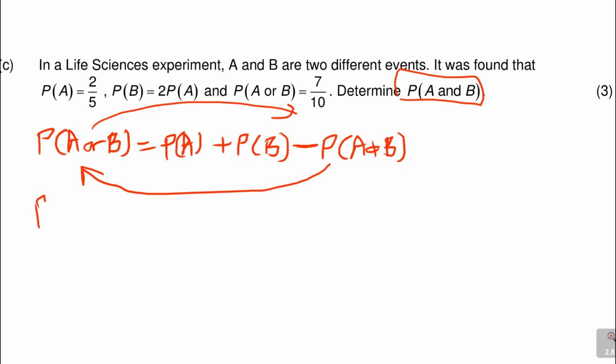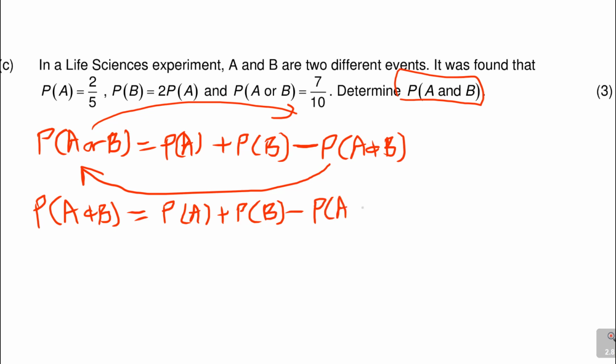So that I've got probability of A and B being equal to probability of A plus probability of B, now minus probability of A or B. You see that? Then we have now probability of A is 2 over 5 plus probability of B, it's 2 times probability of A, which is 2 over 5.